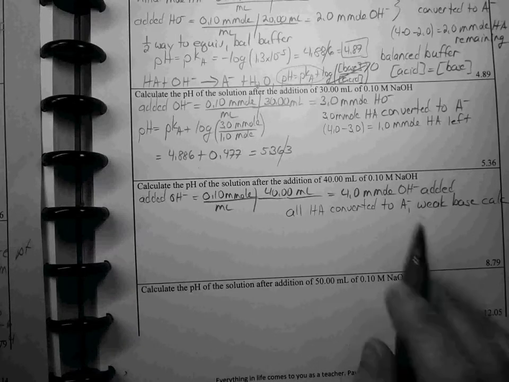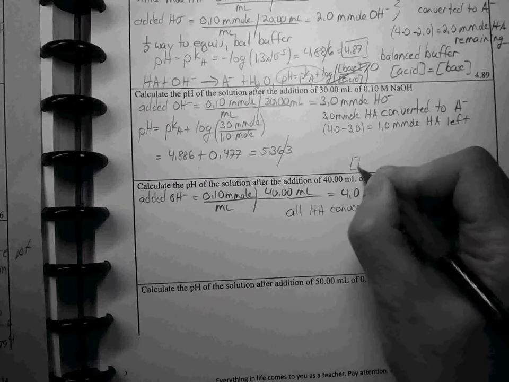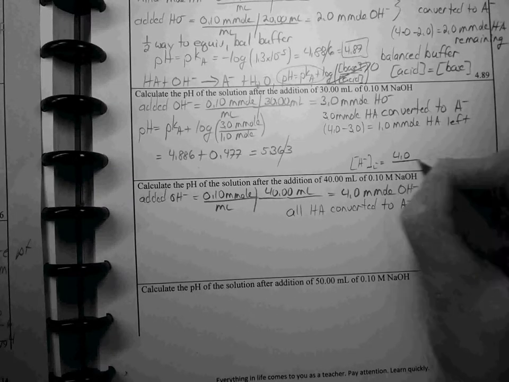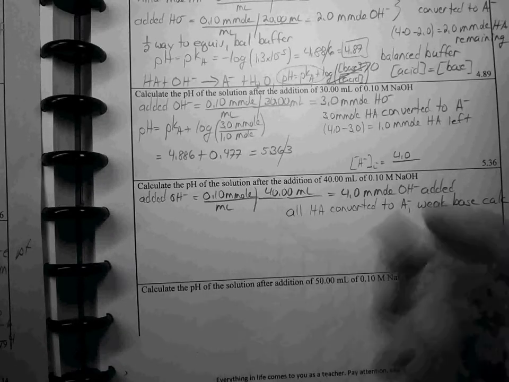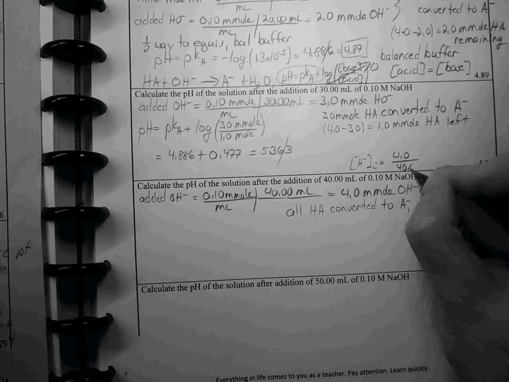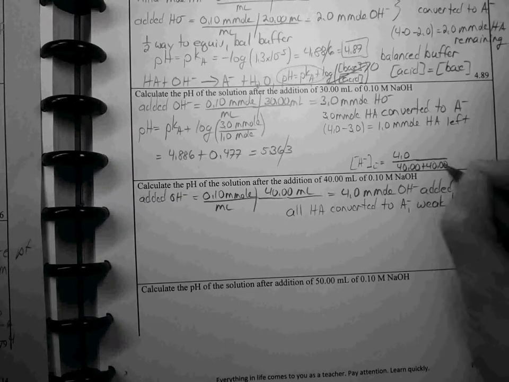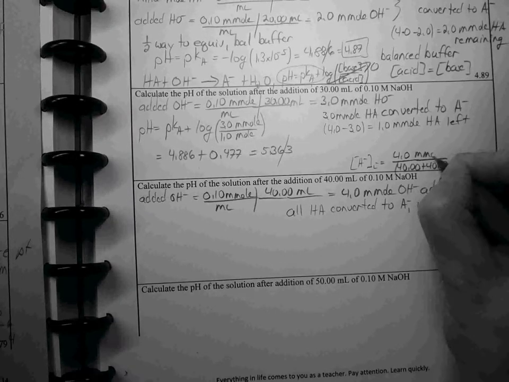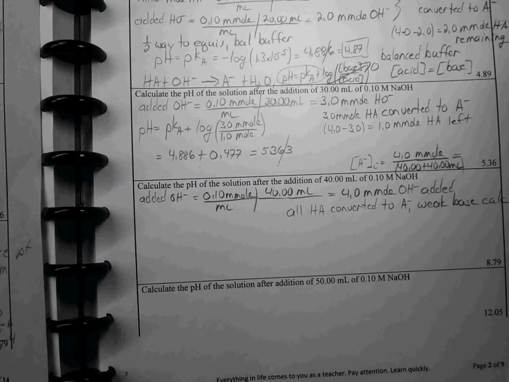Okay, the concentration of our weak base is we have 4 millimoles. And our total volume is 40 plus 40, or 80 milliliters. Remember, millimoles per milliliter is the same as moles per liter.